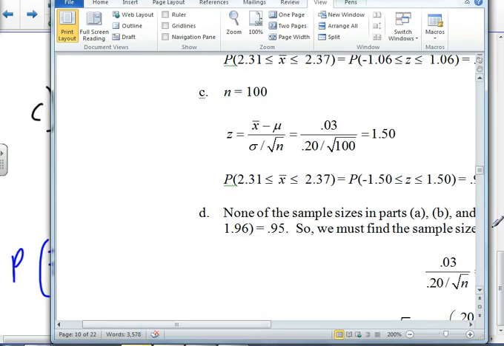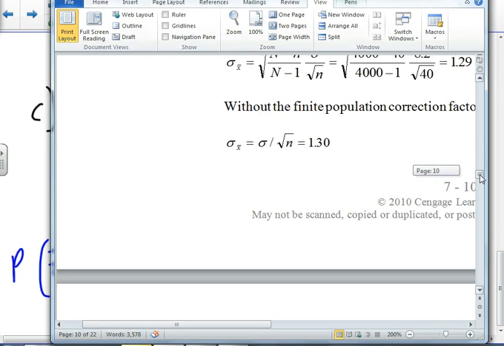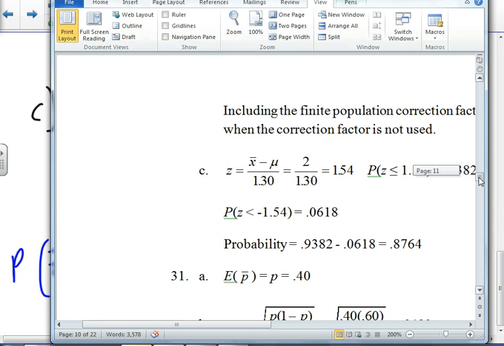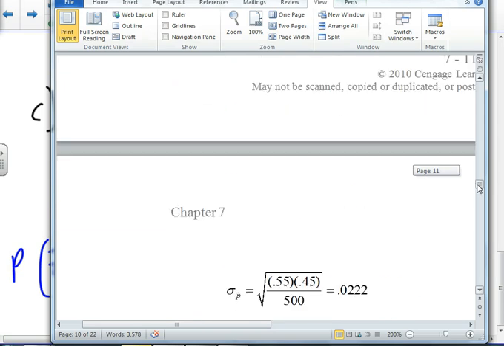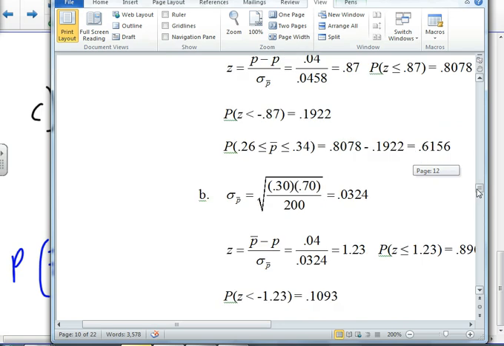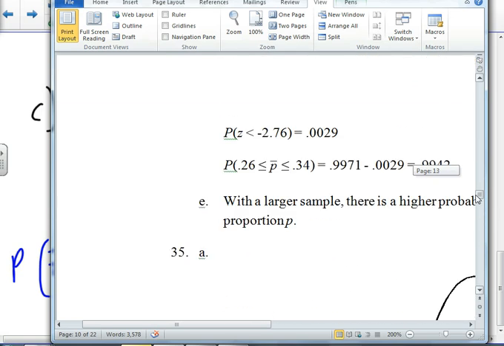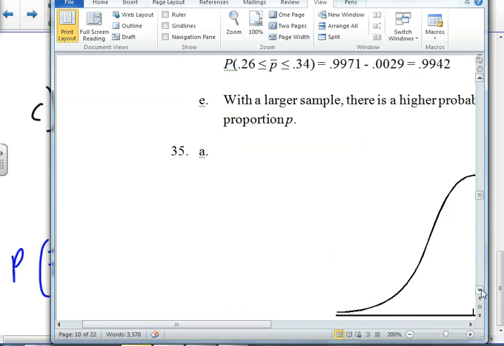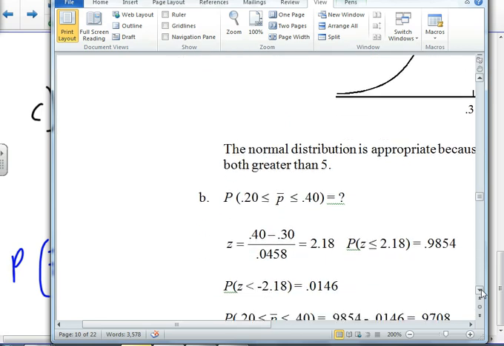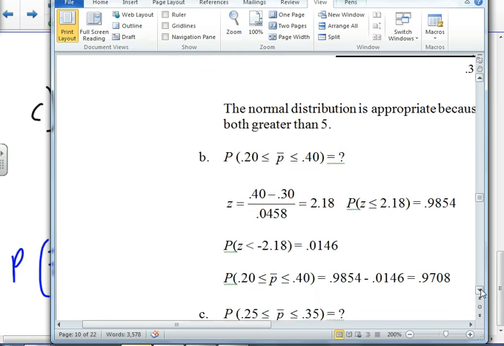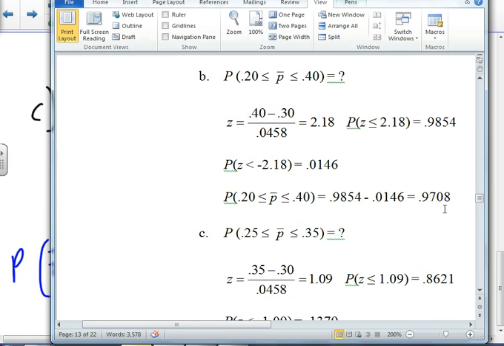And we come back to here. Look, this is 35, and they do a graph of the normal distribution. Isn't that lovely? Did we get 0.987 and 0.621?